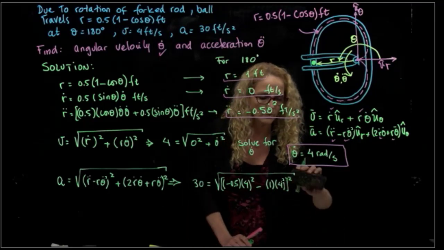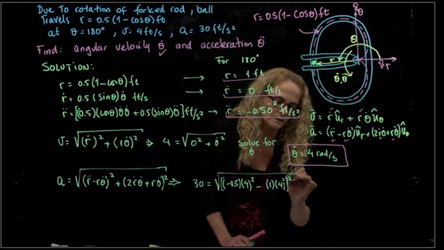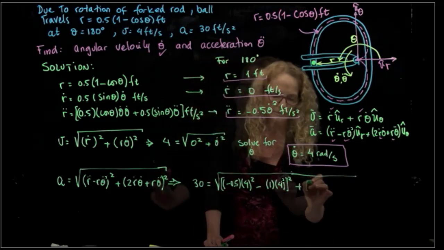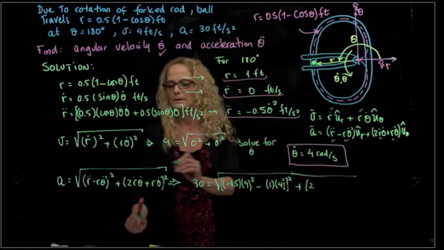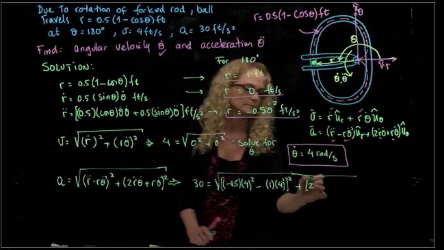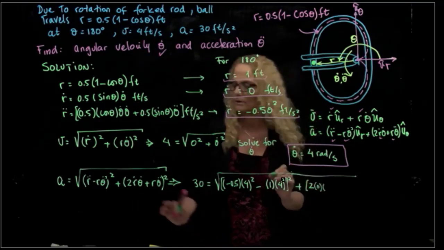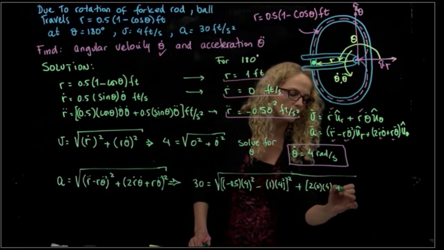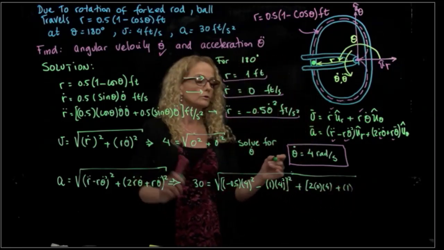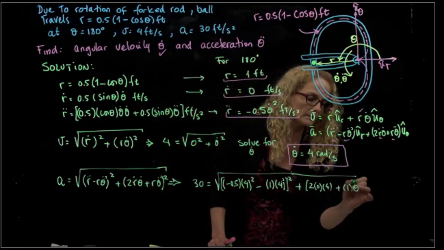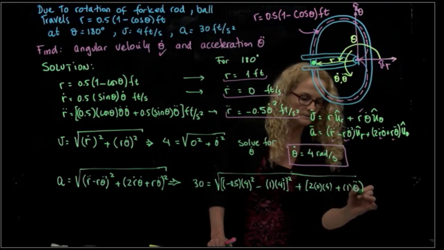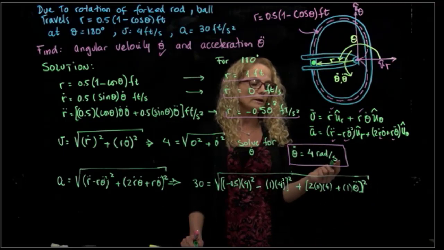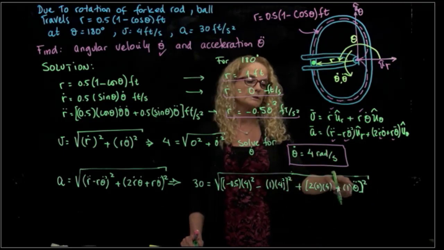I have to keep going with my square root right here, plus the second term, which is 2 times r dot, which is 0, so I'm not going to write it, just theta dot, which is 4, plus 1, plus theta double dot, which is what I'm trying to find. Multiply all these numbers, and the only unknown in this expression is theta double dot.